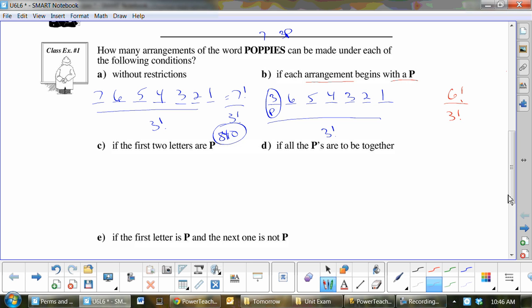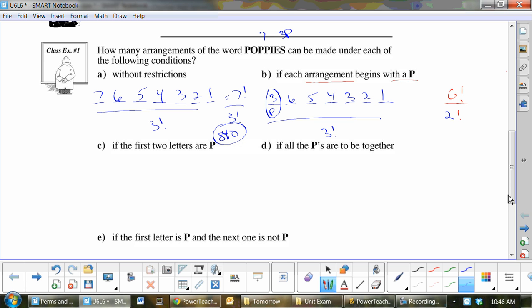So they take the P out, and the question would be, well, how is ours going to look like that? Sorry, that should have been 6 over 2 factorial, right? Because I've taken that P out, so now I only have 2 P's repeating in there.